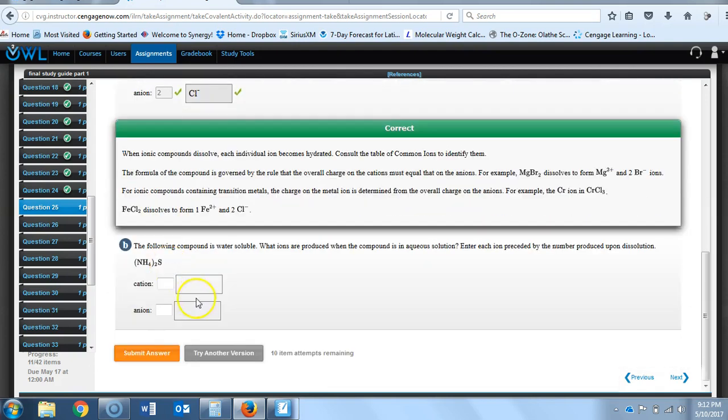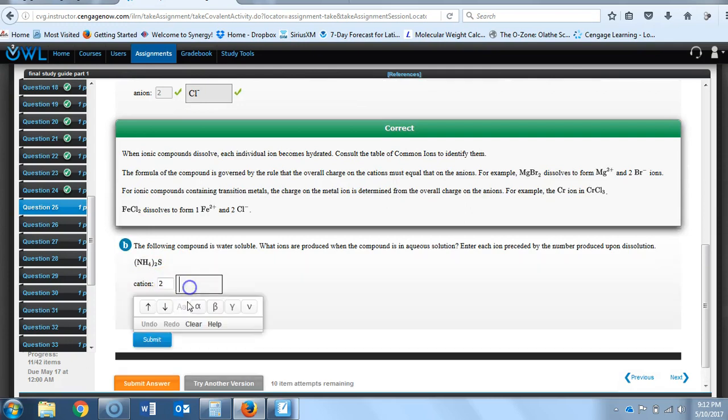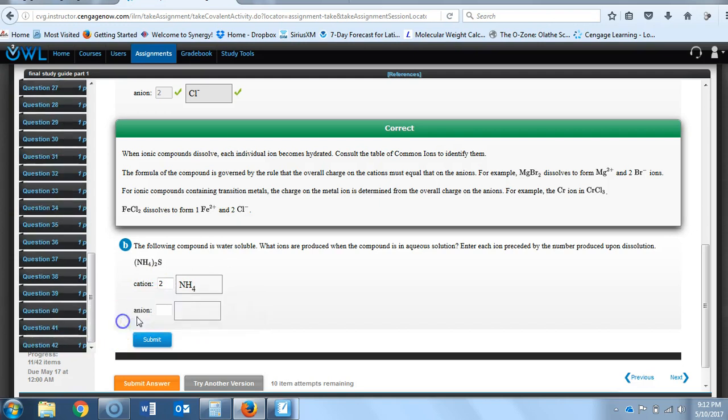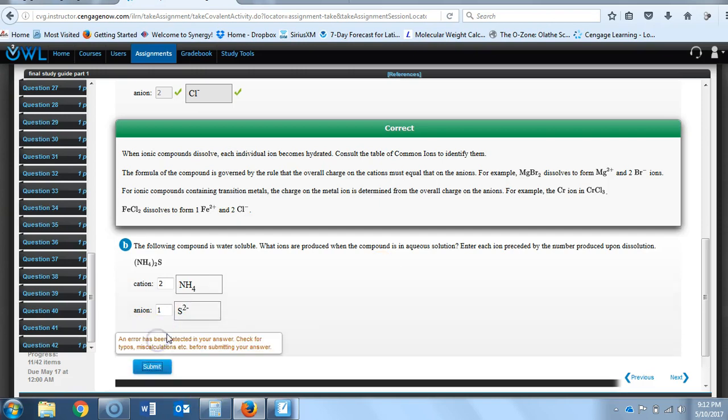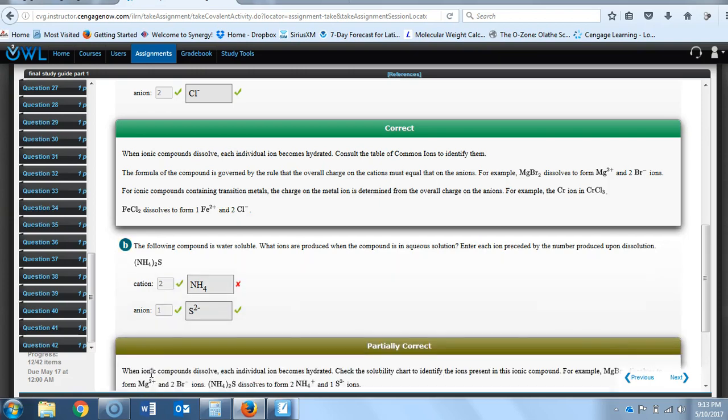There we go. We're going to have two NH4s, and we're going to have one sulfide. And that should be up. What did I do wrong? Oh, I didn't put the plus sign on it. Duh.